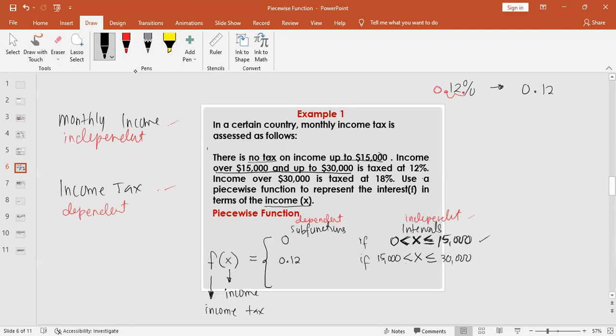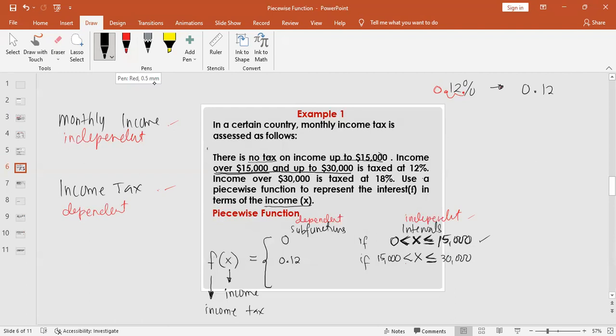So, magkakaroon ng confusion kung maglalagay pa kayo ng equal sign dito sa second interval. Kasi nga, si $15,000 ay nasa first interval na. And besides, ang nakalagay sa condition, over 15,000. So, hindi kasama si 15. Okay? Then, up to. So, kasama si 30,000. That's why we have here equal sign below the less than. Okay? Plus, I'll give you a clue.